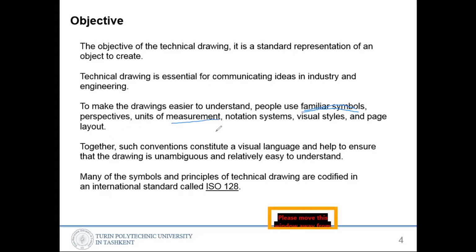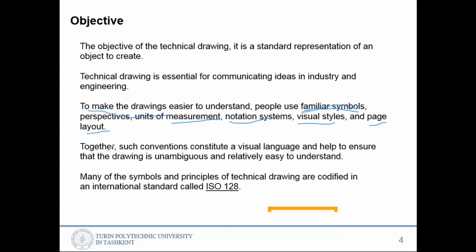So we note, okay, we are using only millimeters, or only inches, and then everyone uses those units of measurement. Notation systems. Okay, so there are rules for representation, visual styles, and page layout. These are the rules we have to follow, and we study them in technical drawing.